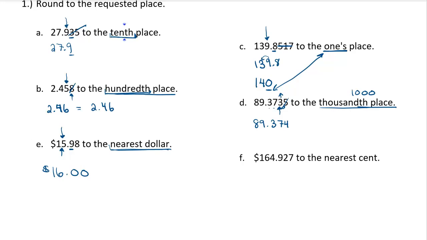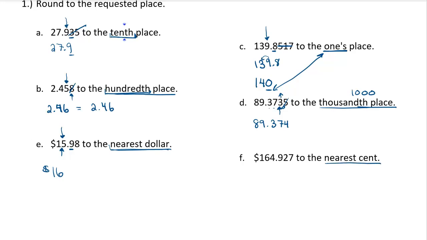Now, $16 is what you would normally see, but because I want you to remember, for now at least, that whatever place you're rounding to should be the last place with something in it, we'll just go ahead and leave this at 16 for now. I would accept that. In the future, you'll want to remember that for money, you want to do that 0.00 in most cases.